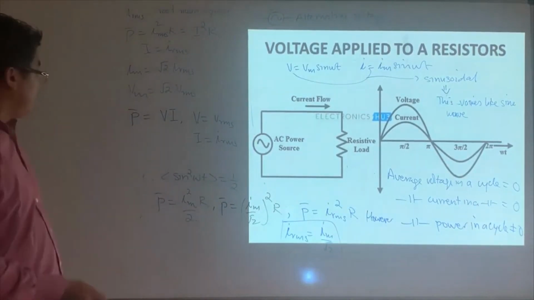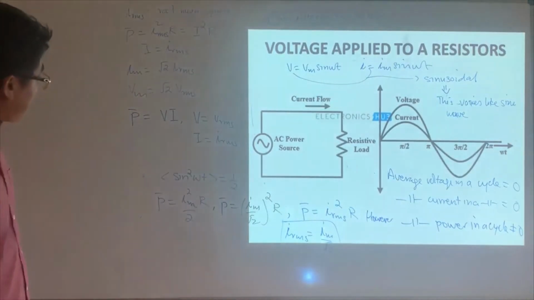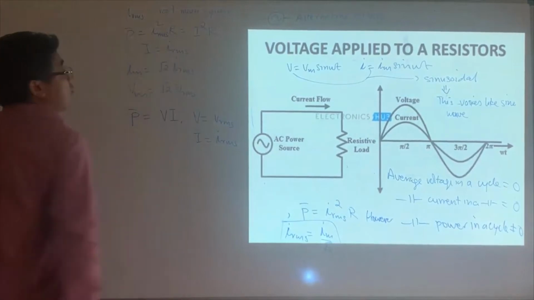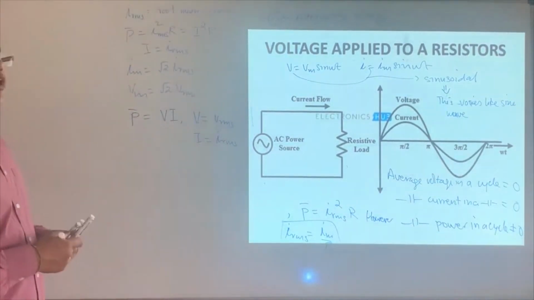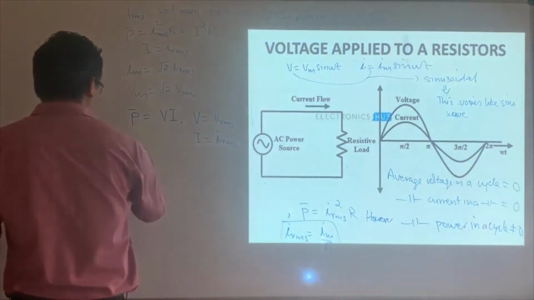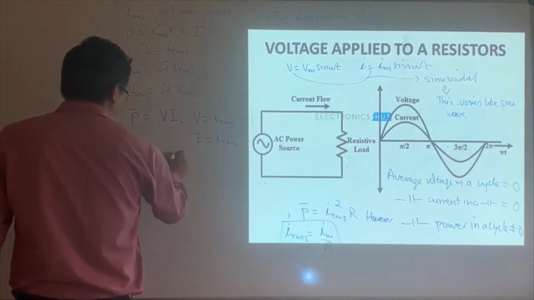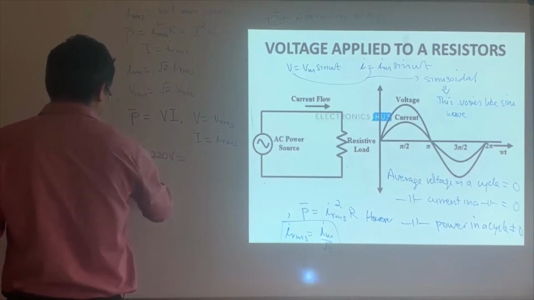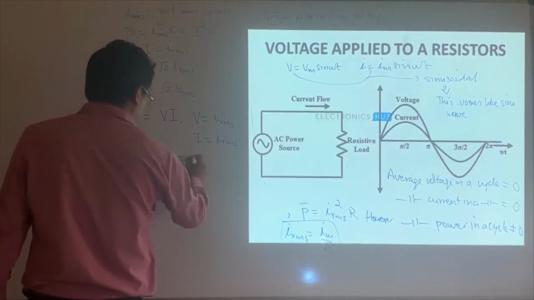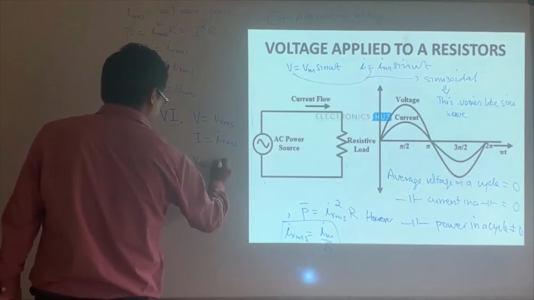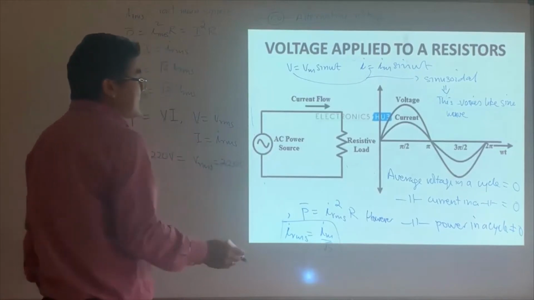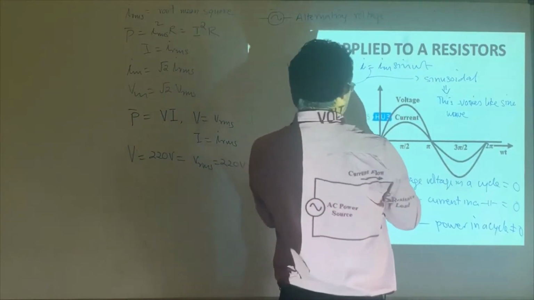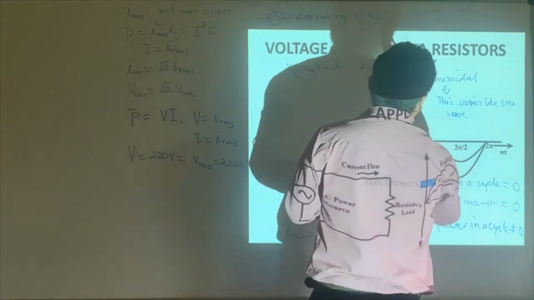Average power. Therefore, let me tell you the significance of IRMS. In India we normally get a voltage of 220 volt. This 220 volt is nothing but VRMS. So VRMS and IRMS represent the steady current and voltage. This is what we have.